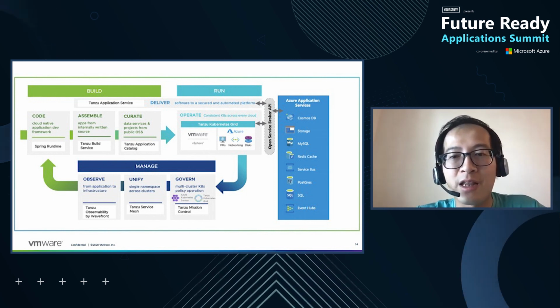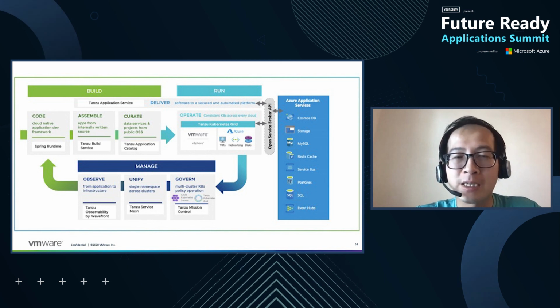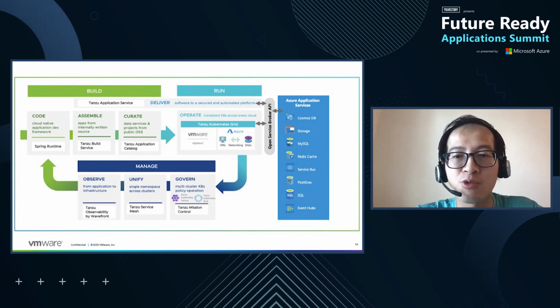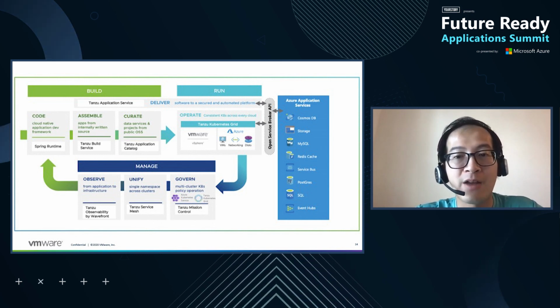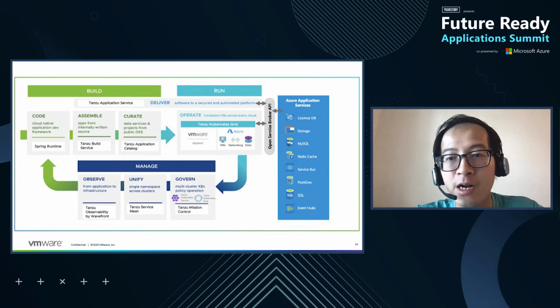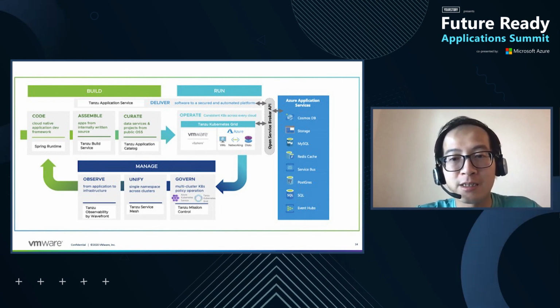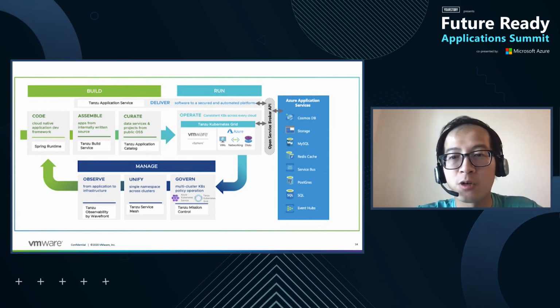And then to run it, you can deploy Tanzu Kubernetes Grid onto a cloud environment such as Azure Cloud, which leverages the elasticity and utility model of Azure.